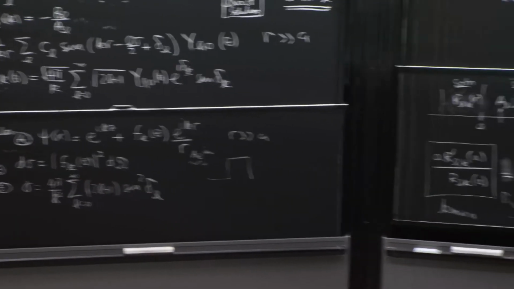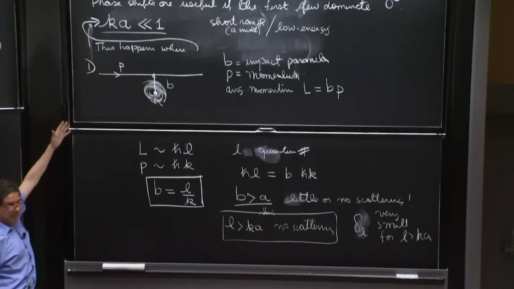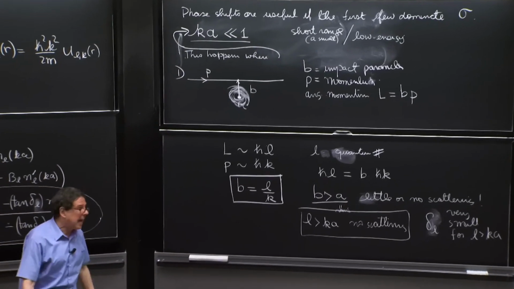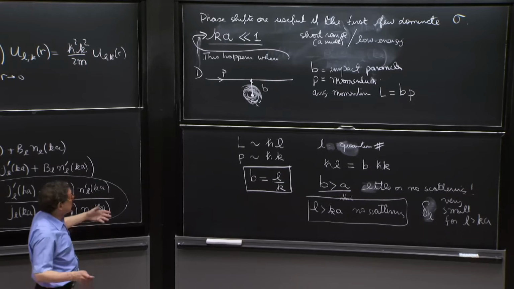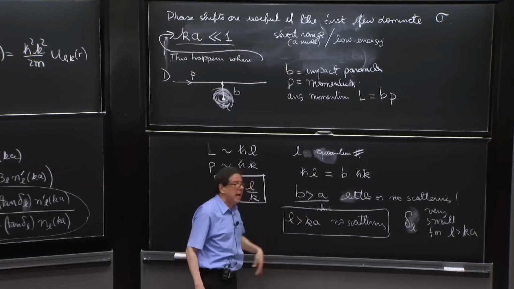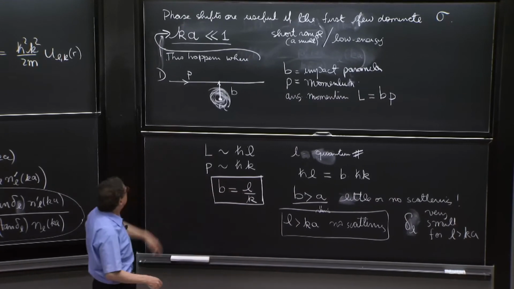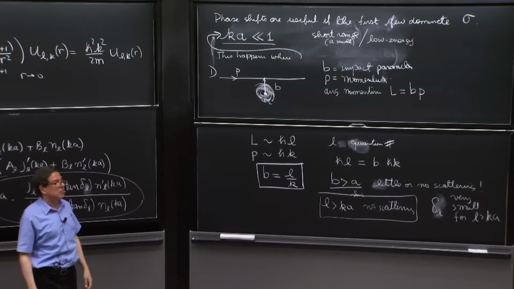So this is the intuition we were claiming up there. If ka is rather small, very few phase shifts will contribute, because as soon as your L is bigger than ka, you get nothing. If ka is much less than 1, only L equals 0 will contribute.